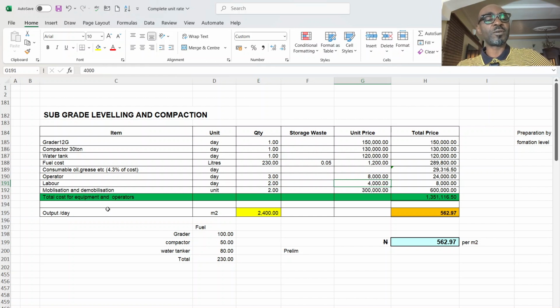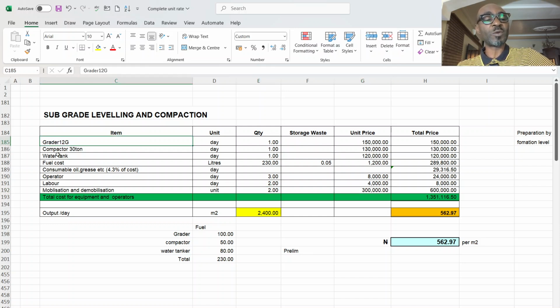Then for the cost of mobilizing and demobilizing this equipment to and from site, it's 300. That is, the 300 is to go and to come. And why is it two?